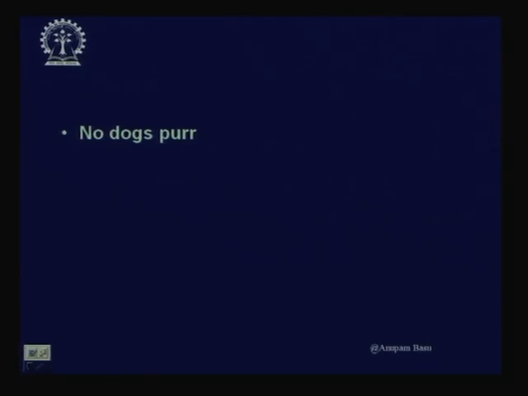One possible representation of that is, there does not exist an x such that dog x and purr x. Now, this is one way of representing it. Could there be another alternative way?